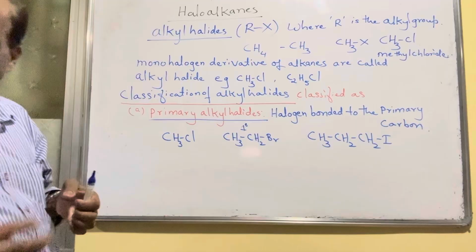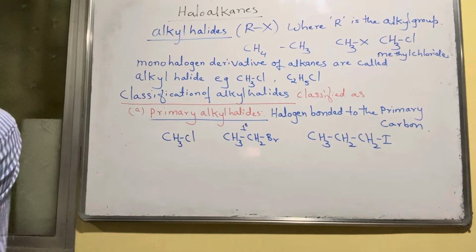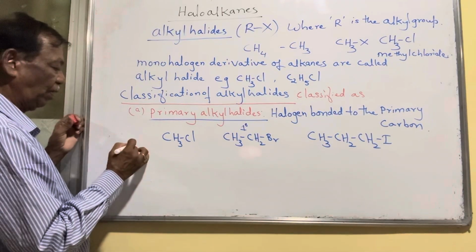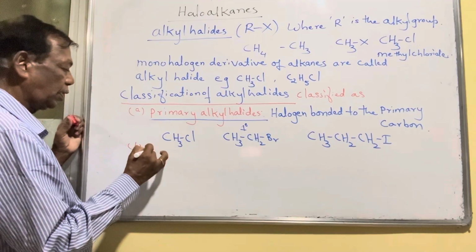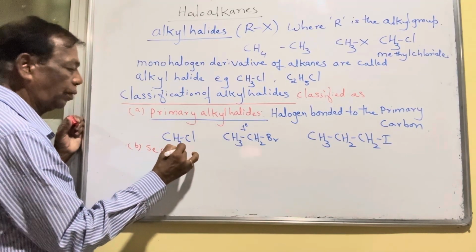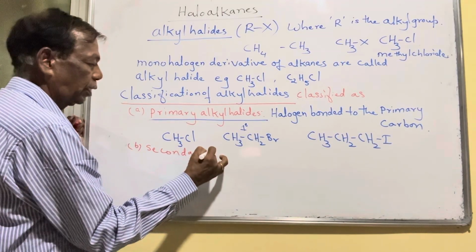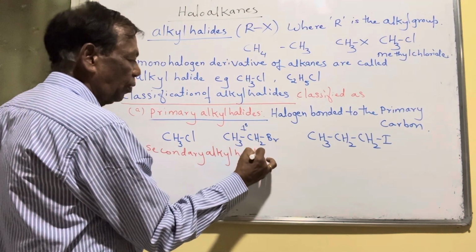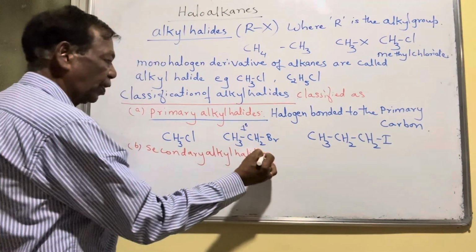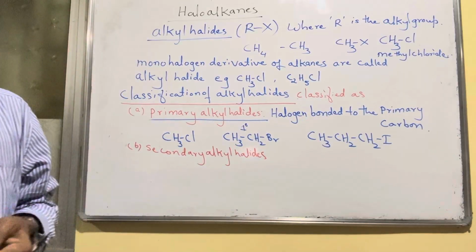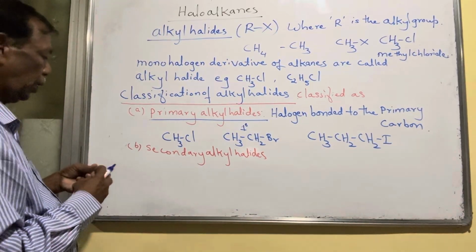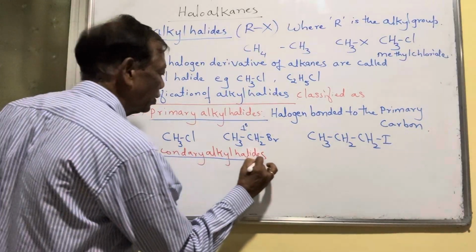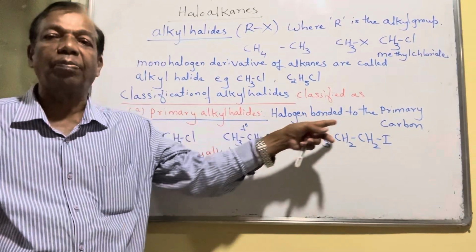Now B, let us say the second one, secondary alkyl halide. Remember what a primary carbon is. Now in this case, the halogen is bonded to the secondary carbon and not to the primary carbon.